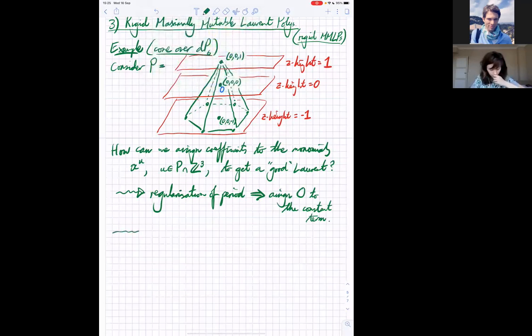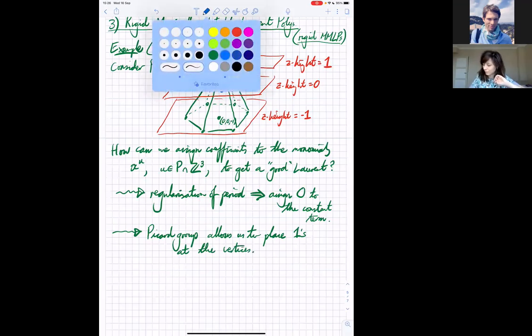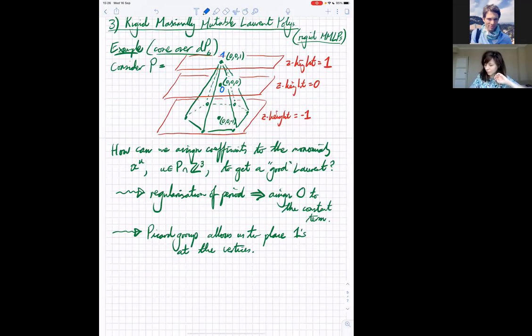And then there's a certain degree of freedom given to us by the Picard group, and this allows us to place 1s at the vertices. What I mean is it allows us to assign the coefficient 1 to the monomials corresponding to the vertices. So I'm going to get 1, 1, 1, 1, 1, 1. But I don't know what to assign to this point here, 1 over z.